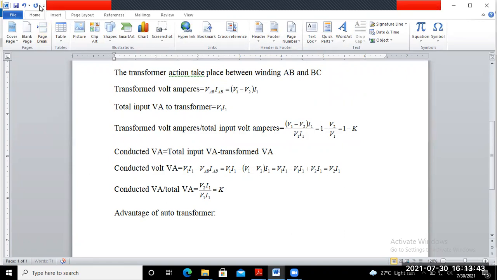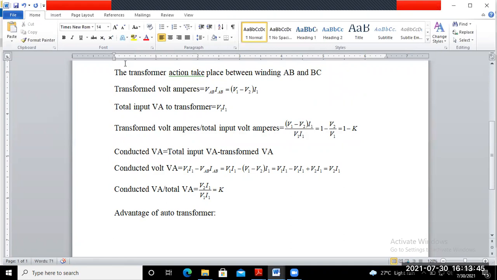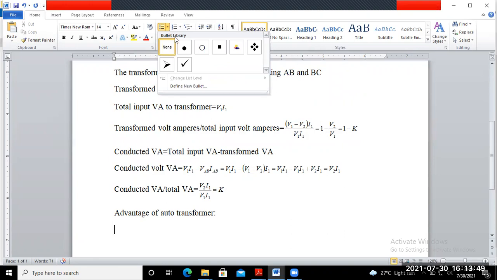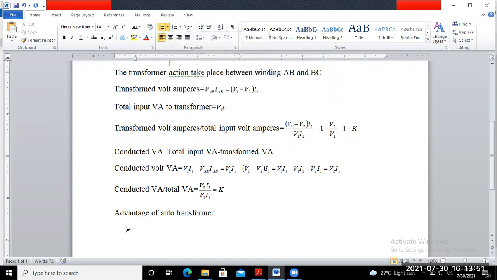Now let us consider one by one what is the advantage of the auto transformer over the two winding transformer. The weight of the conductor, that means copper or aluminum, for any winding depends upon the cross sectional area and the length of the conductor.